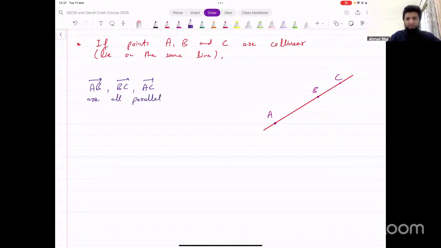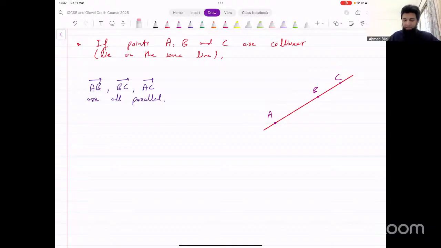Parallel means they have the same direction, right? They have the same direction. So if you have 3 points that lie on the same line, you can take any combination of them, AB, AC, BC, and they will all be parallel.